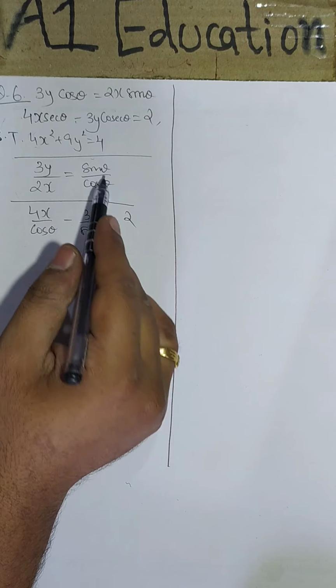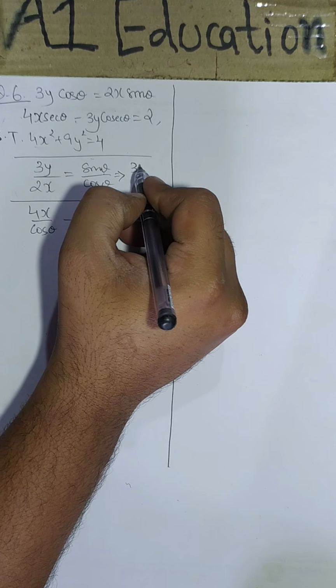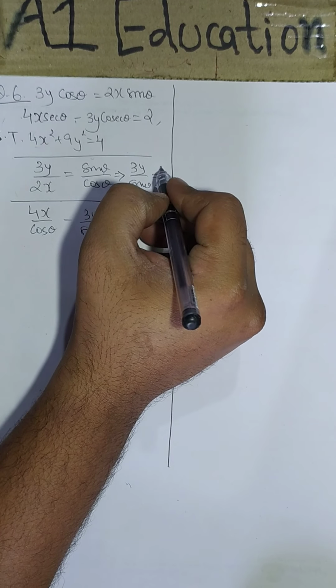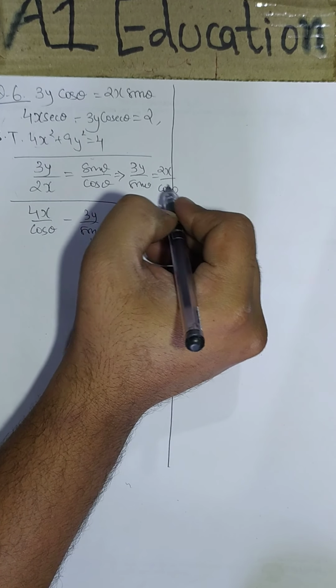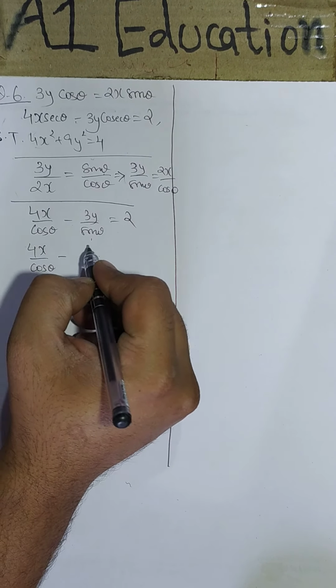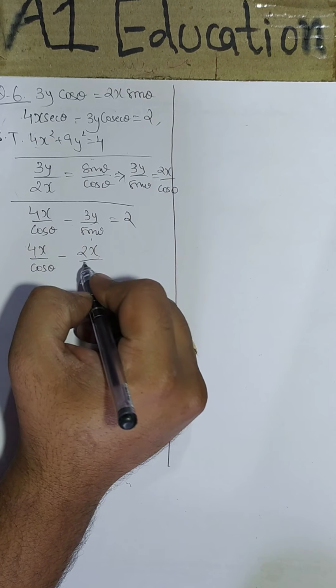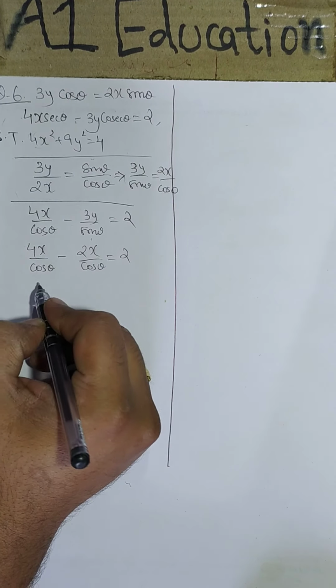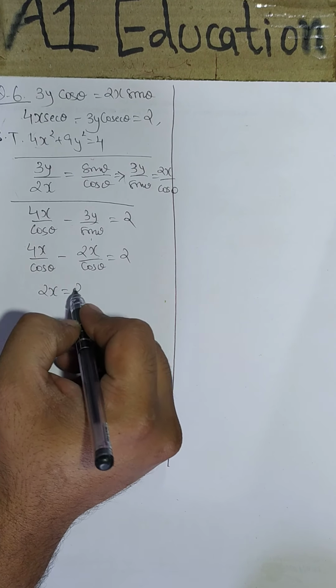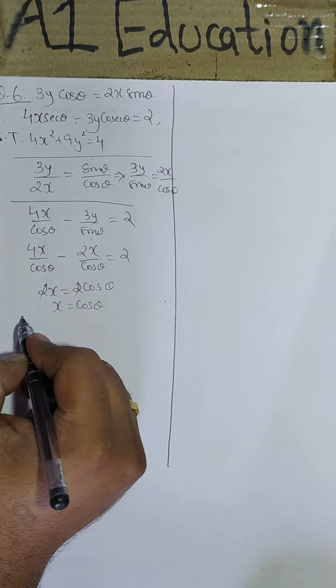From this one, we can conclude that 3y upon sin theta is equal to 2x upon cos theta. This substitution can be used here, which will help us simplify. So instead of 3y upon sin theta, we can write 2x upon cos theta. Simplifying it further, we get 2x equal to 2 cos theta, x equal to cos theta. One of the values we have got.